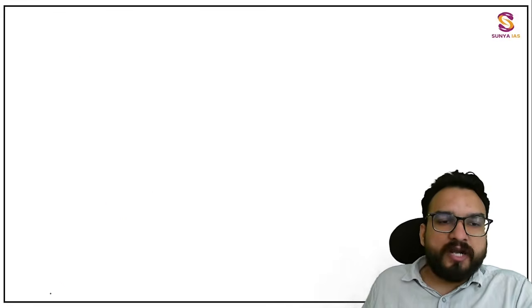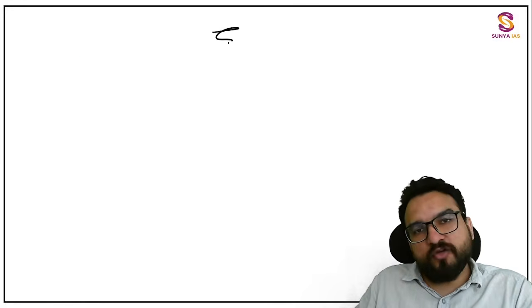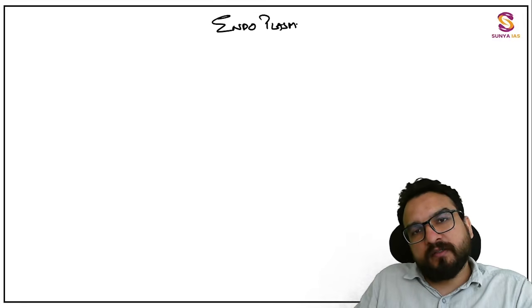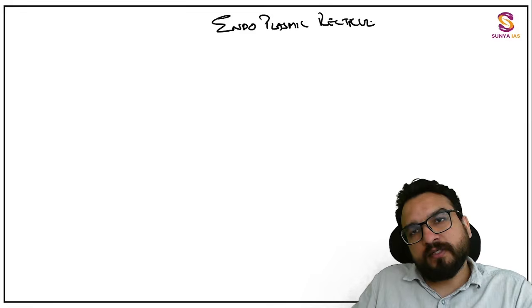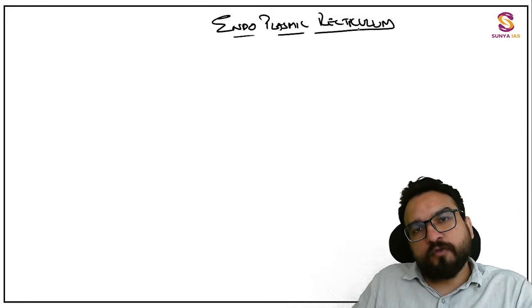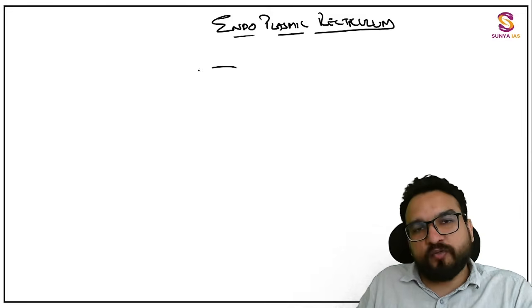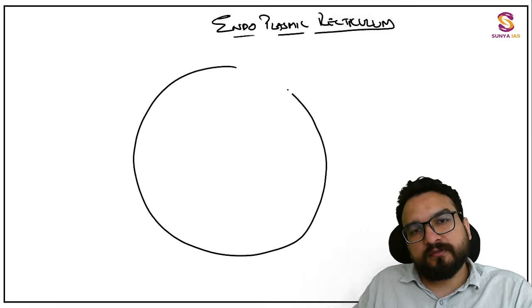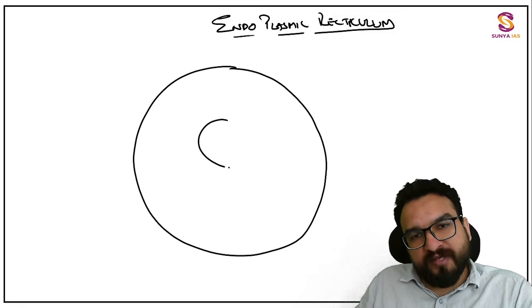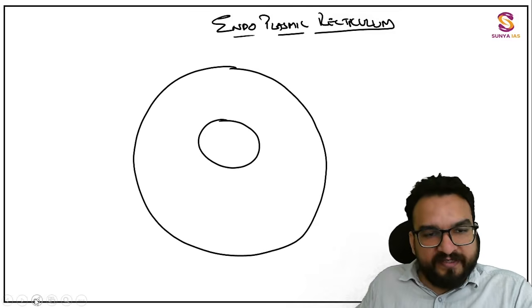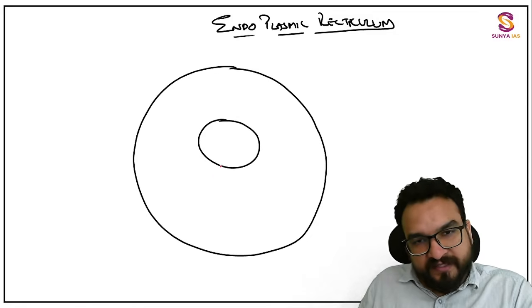Next is your endoplasmic reticulum, guys. Endoplasmic reticulum. Very important. What you have to understand is that this is your cell. Inside the cell you have a nucleus, and then you will find a structure like this.